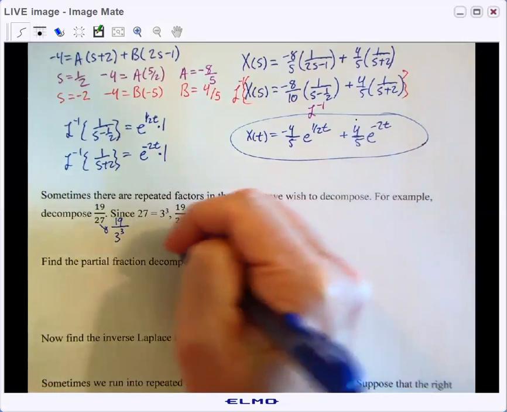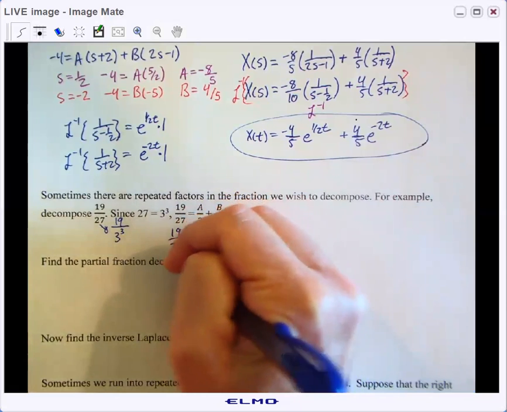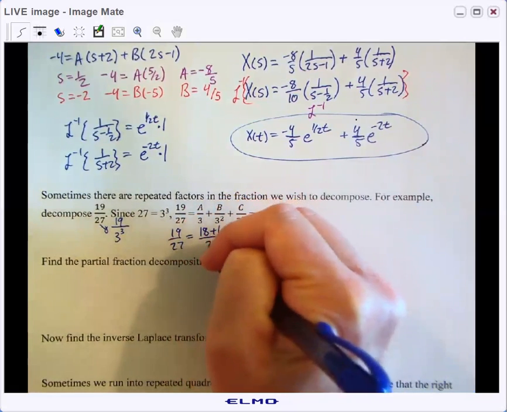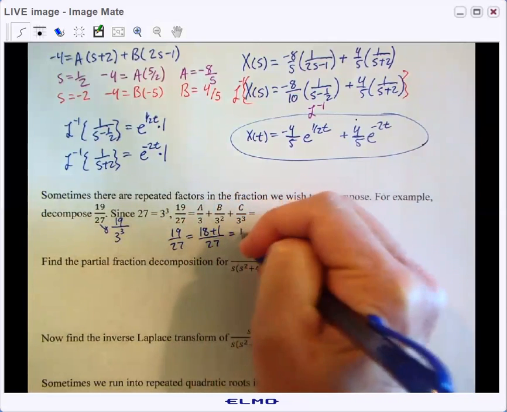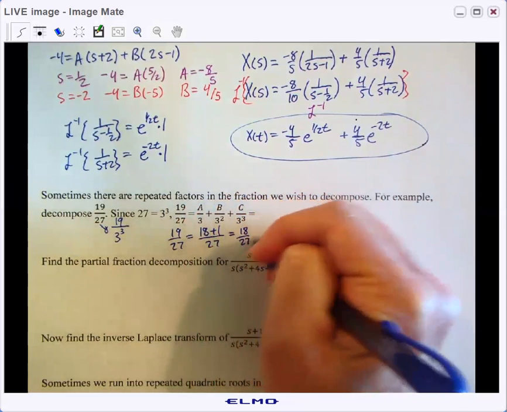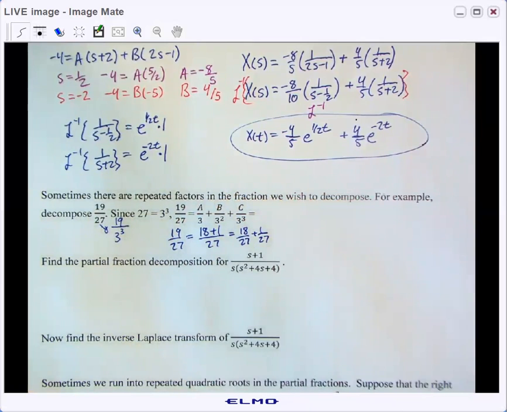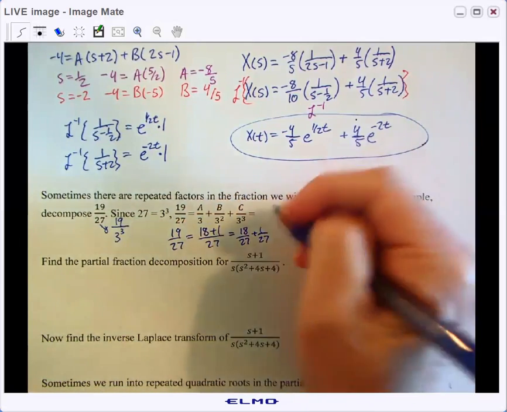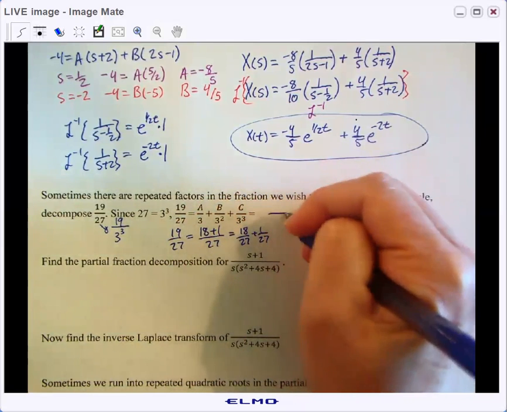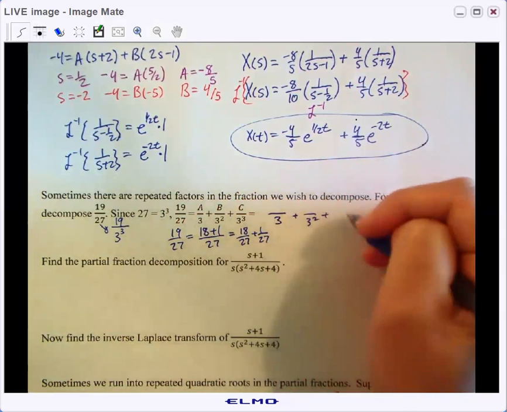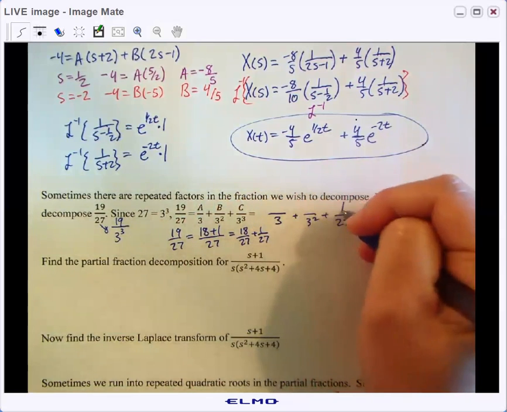And if we notice that 19/27ths is 18 plus 1/27th, we can then write this as 18/27ths plus 1/27th. And that will help us a little bit. So we know then that we're going to have a 1 here.